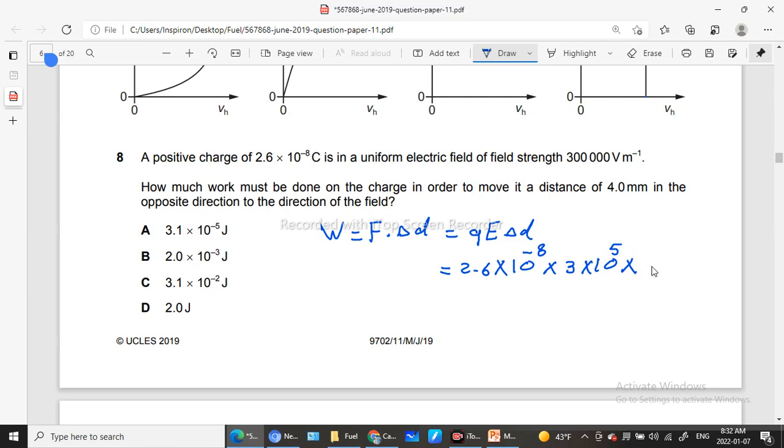The distance D, 4.0 millimeter, converting it to a meter, equals 2.6 times, here 3 times 4 is 12, times 10. We add the powers. Minus 11 plus 5 is minus 6.